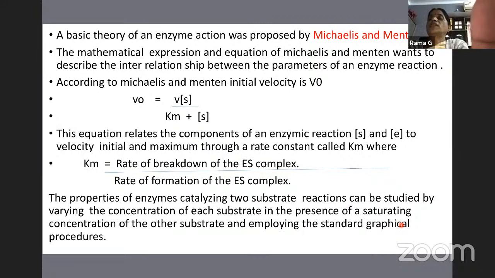In the lock and key theory, the active site is only one. So, according to the characteristic features of enzymes, enzymes catalyzing two substrate reactions can be studied by varying the concentration of each substrate in the presence of a saturating concentration of the other substrate and employing the standard graphical procedures.